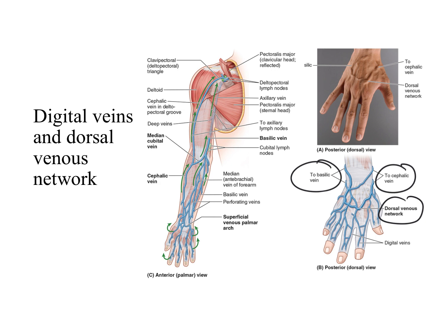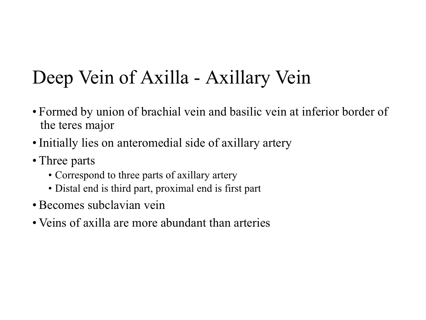So we see on the lateral side, the veins from the dorsal venous network that will enter into the cephalic vein. And then on the medial side, we see the veins from the dorsal venous network that will enter into the basilic vein.